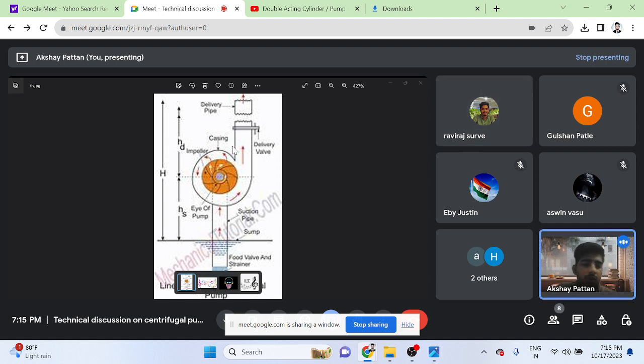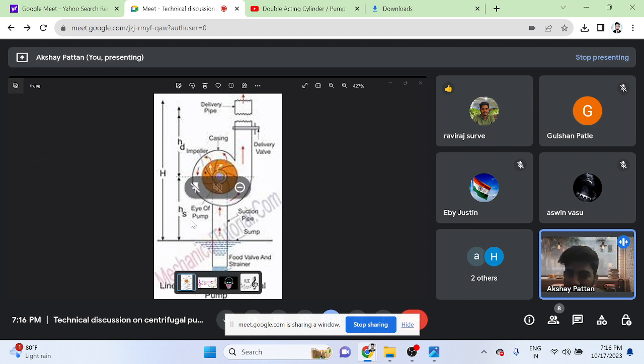So, should NPSH be positive or negative to avoid cavitation? NPSH is always positive if we want to avoid cavitation in a centrifugal pump. Correct. To avoid cavitation, the NPSH should always be positive. So, NPSH is basically net positive suction head.